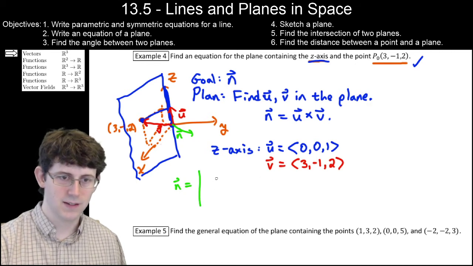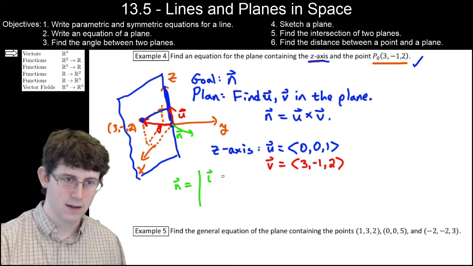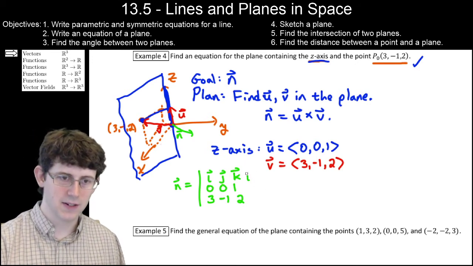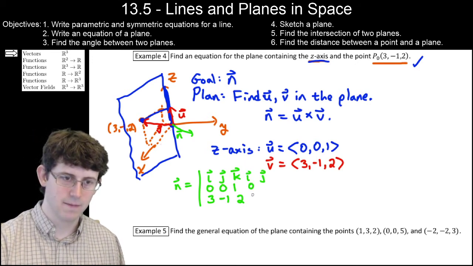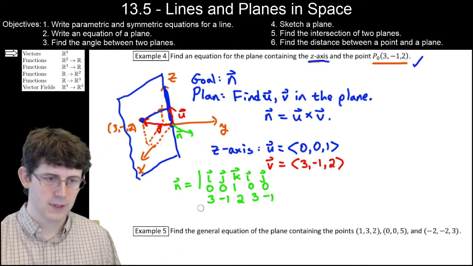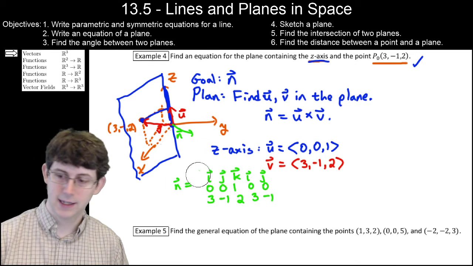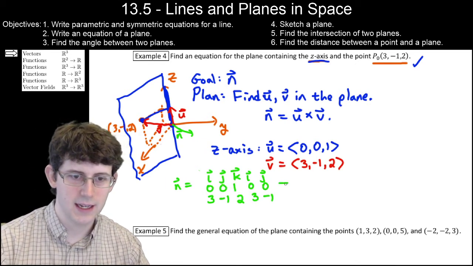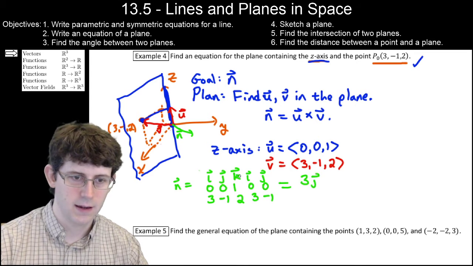Here's the cross product of u and v. I'll use the trick where we copy down the first and second columns because I like it. All these zeros will be very helpful. When I do the forward directions, I get 0, 3j, and 0.